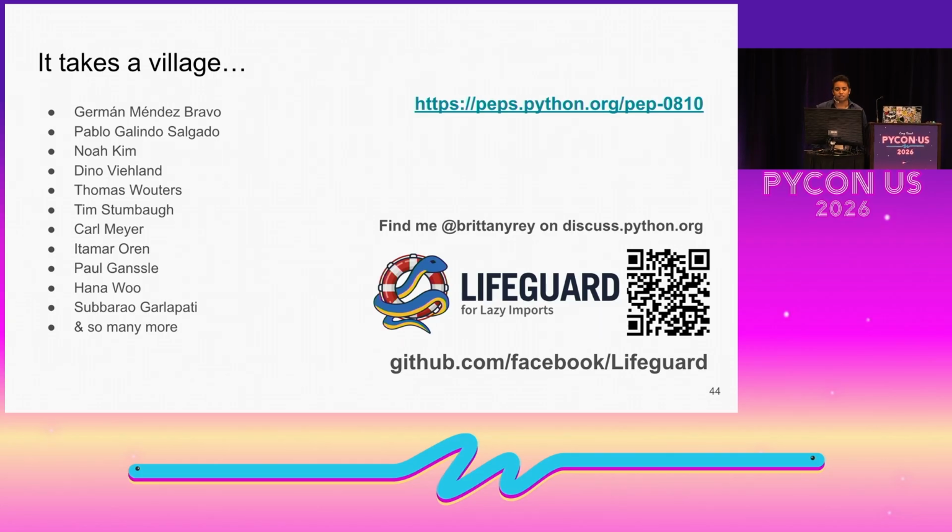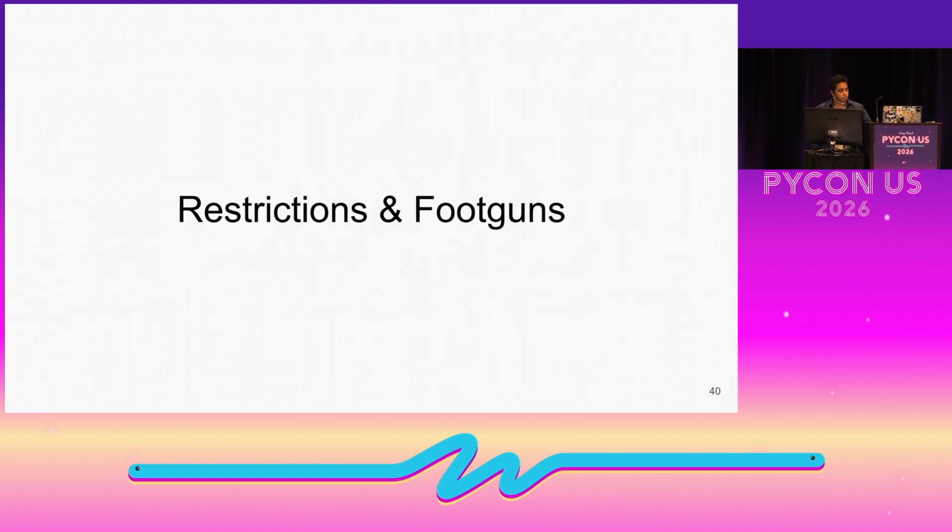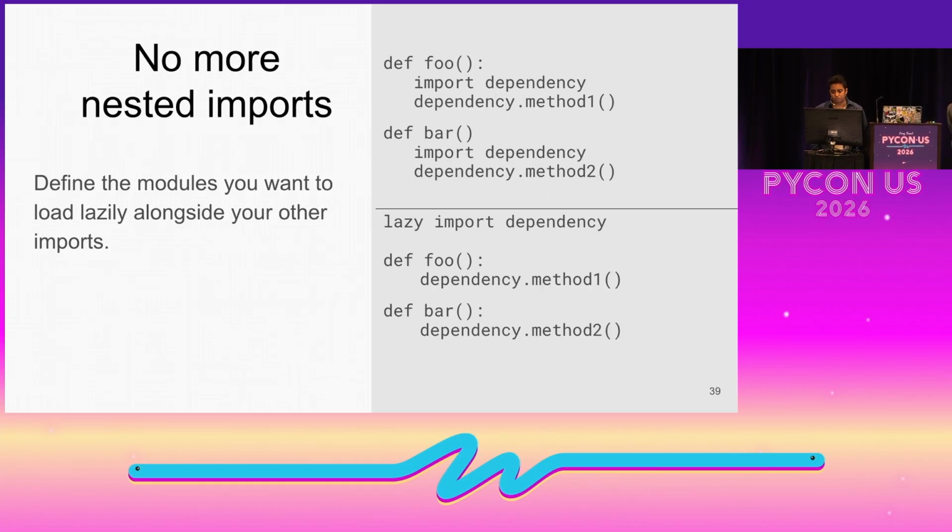Thank you. Hi. Question about one of the slides where you said that lazy imports might replace where you put an import inside a function body. One place where you do that commonly would be when you're mocking things as part of unit testing.